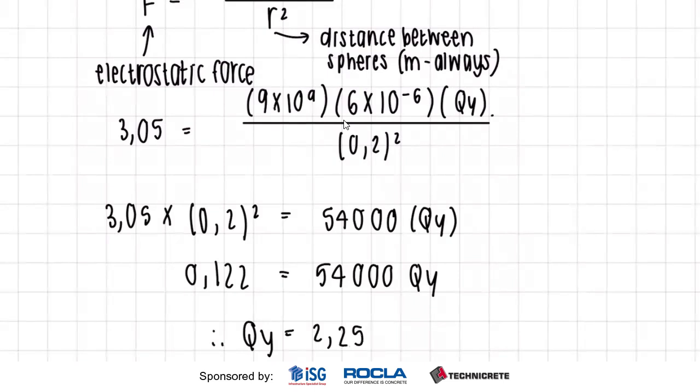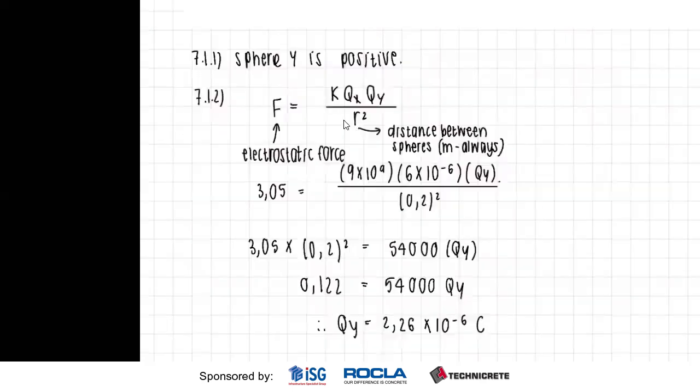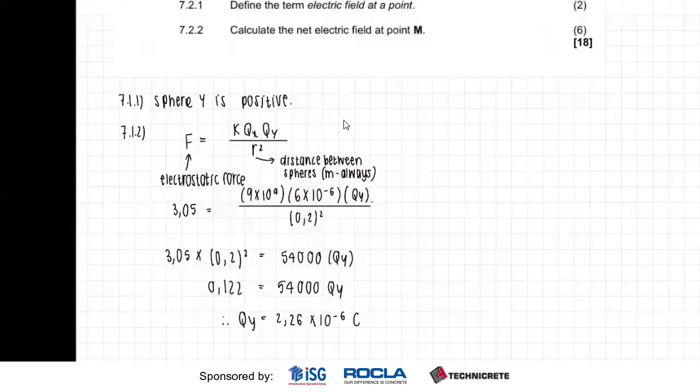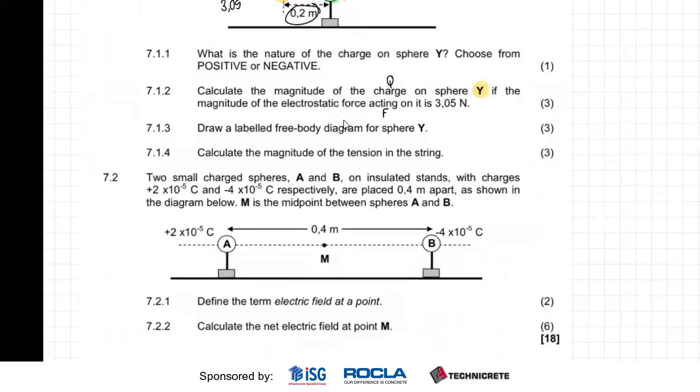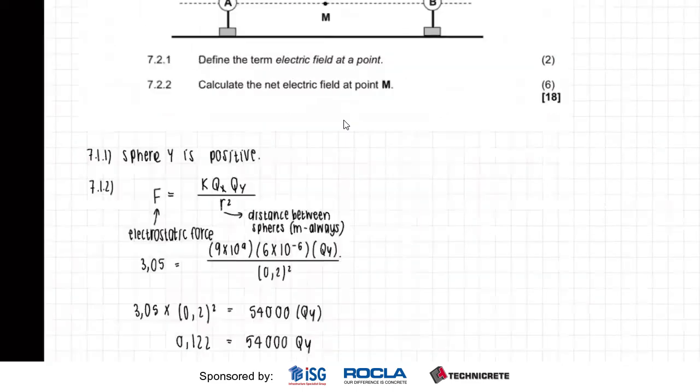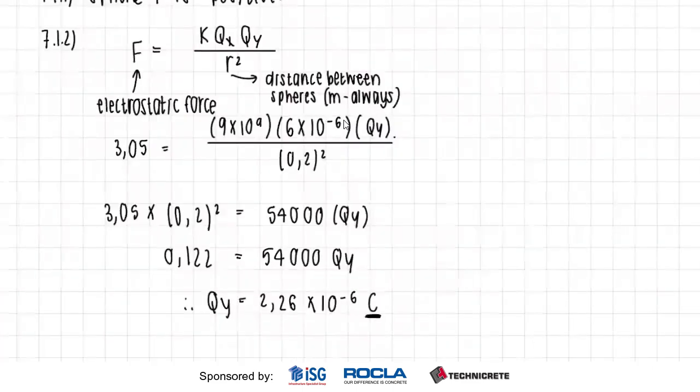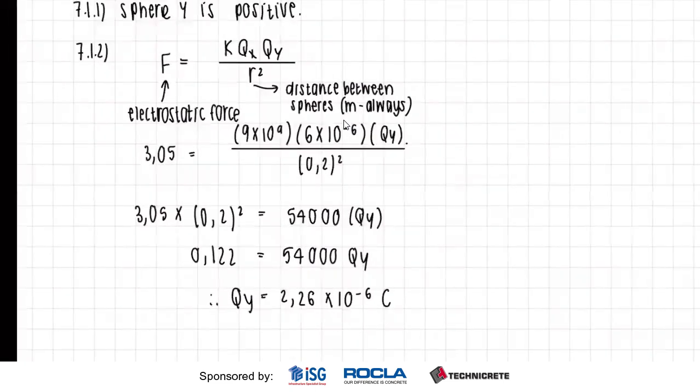So that becomes 2.26 times 10 to the negative 6 coulombs. Because we're looking for charge, and charge is measured in coulombs. So our unit is coulombs. Please make sure that you use the correct units for all of your sums.